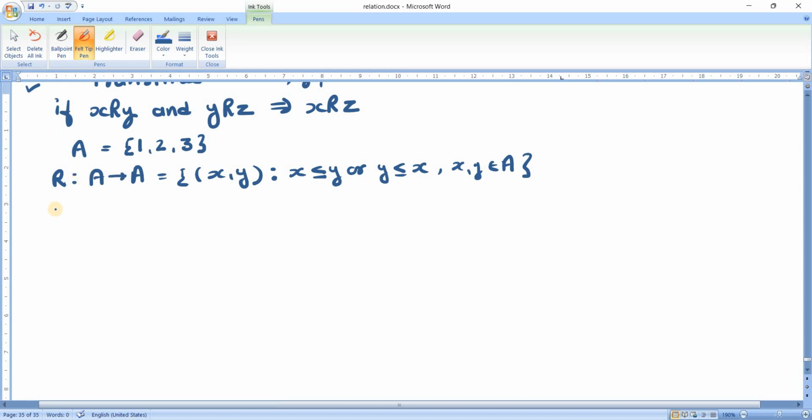Now we have to check whether this R is an equivalence relation or not.